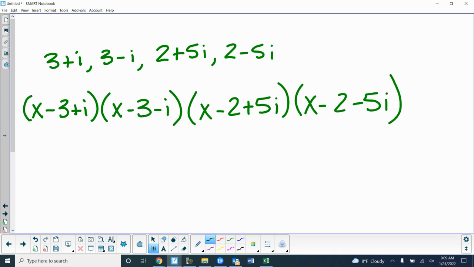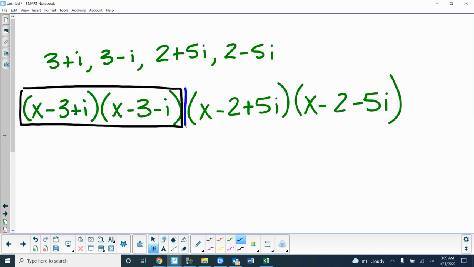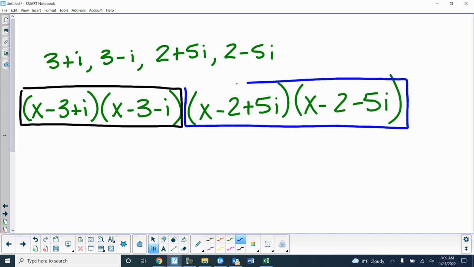You need to do these 2 together because those are complex conjugates, and you need to do these 2 together. That way, all your i's will cancel out, so that once I get those two answers, I can multiply those two together and finish it up.